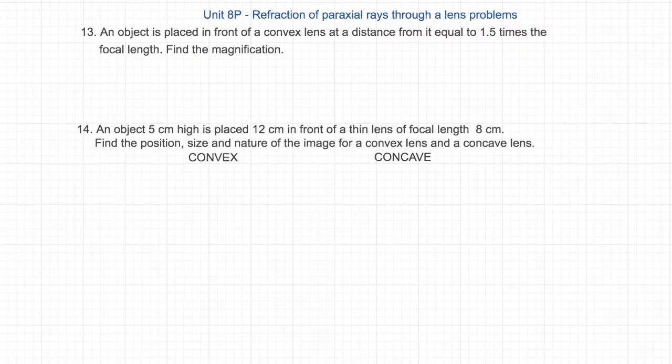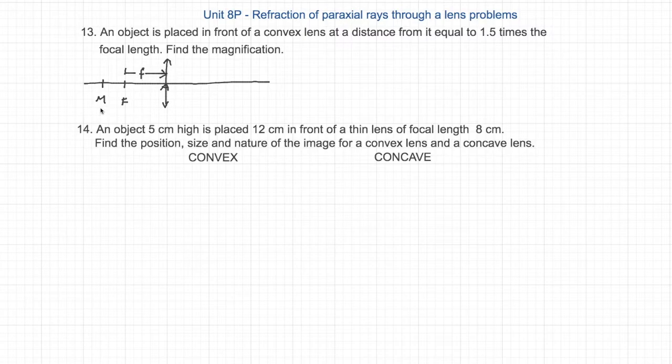Question 13. An object is placed in front of a convex lens at a distance from it equal to 1.5 times the focal length. Find the magnification. So we'll draw our optical axis, our convex lens, our focal point, our object location.